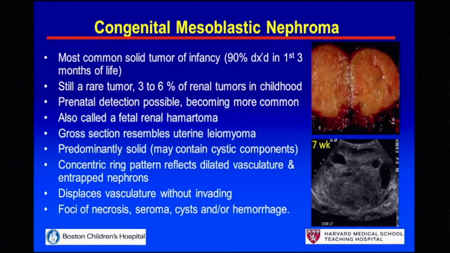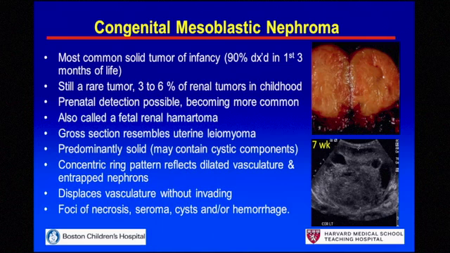This can be seen prenatally, and that is becoming more and more common as our probes are becoming better and better. This is also sometimes referred to as a fetal renal hamartoma, and the cross-section of these tumors really does look like a uterine leiomyoma. They contain primarily solid tissue, although occasionally you can see cystic components.